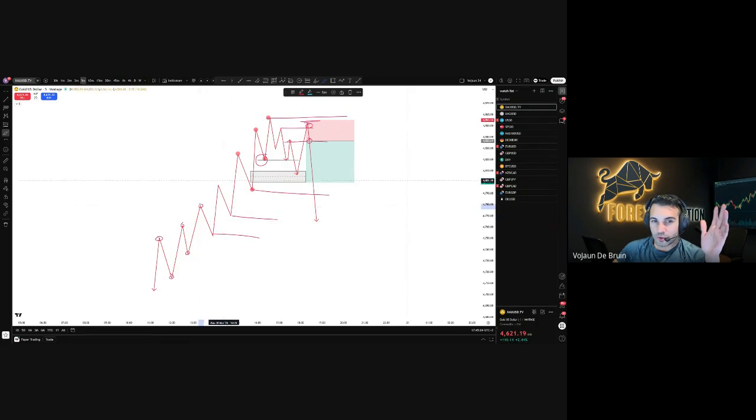Now, what do we do with the new range? Simple. That previous 3 is now your 1, 2, 3, 4, and 5, and you just keep drawing it. As long as it's giving you new structure to continue, you continue to draw it, because the most important thing to realize is, was liquidity swept before new structure was created? No, it has not.